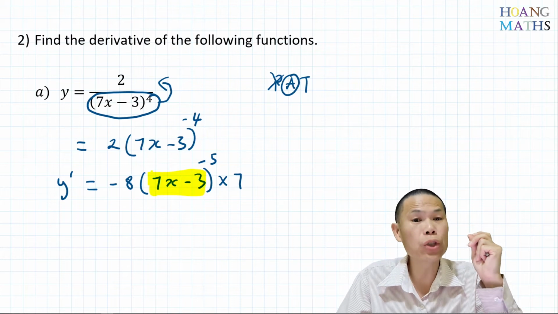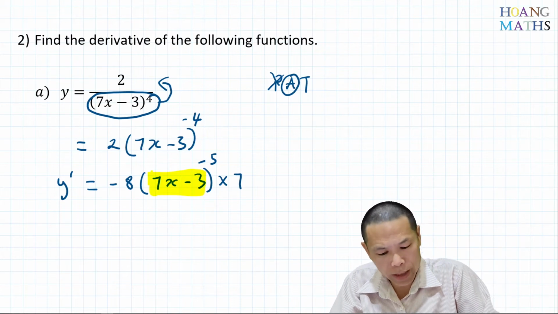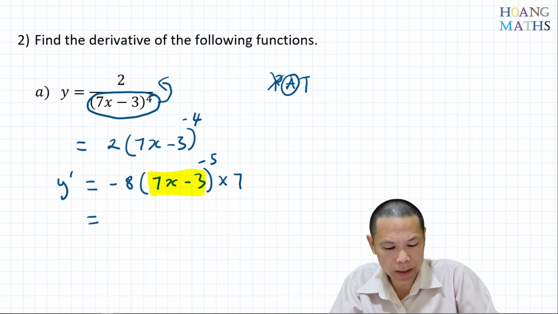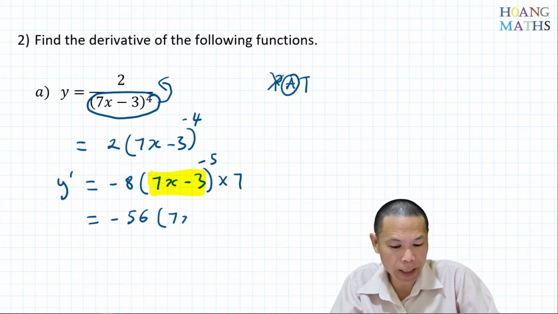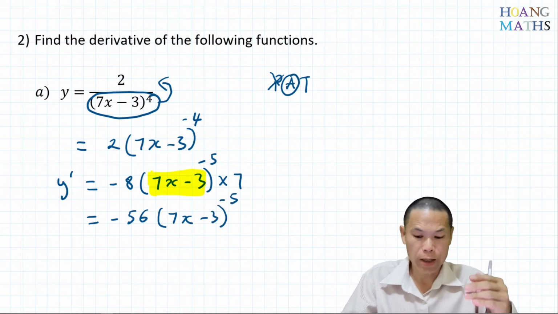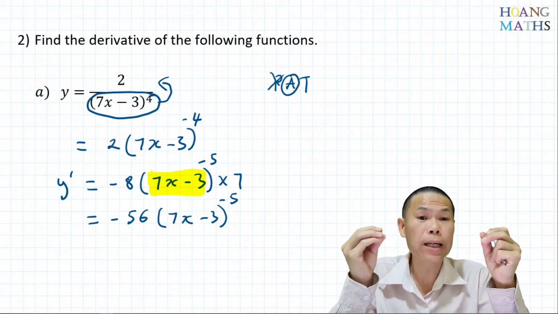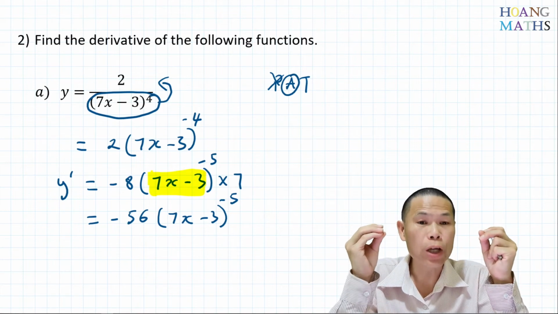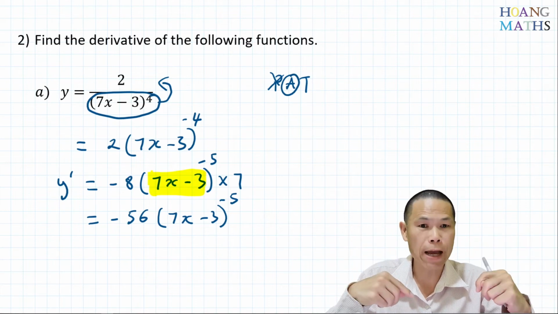And then what we do, we just need to tidy this up. So negative 8 times 7 becomes negative 56. And then this becomes (7x minus 3) to the power of negative 5. Then we need to write the negative index as positive. So to do this, we need to bring it down, okay?